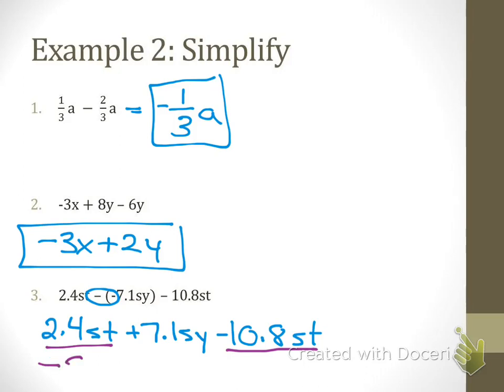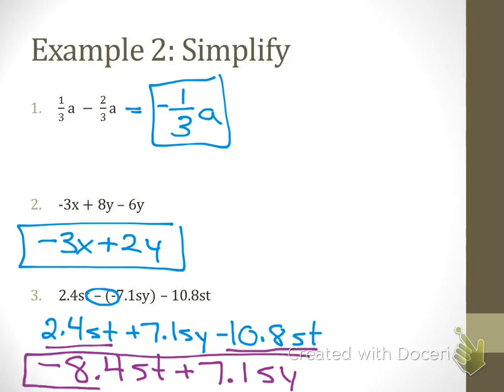So negative 8.4 st plus 7.1 sy would be the simplified answer. Okay? Any questions on simplifying variable expressions, adding and subtracting them? We're not dealing with exponents yet, that's multiplying and dividing.